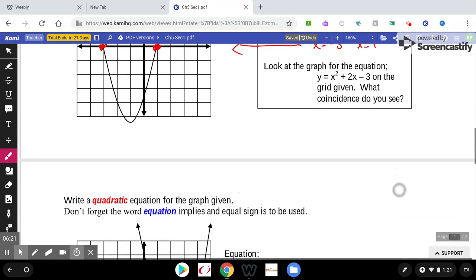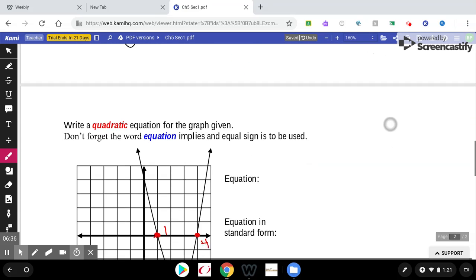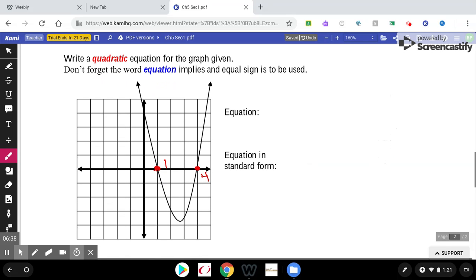Well, let me scroll back up for a second. Check this out. If we knew the answers, which are right here, which we just came up with in that drawing down below, then that must have been the parentheses with the signs changed, and that must have been the equation that went with it. So what we're going to do is reverse the process.